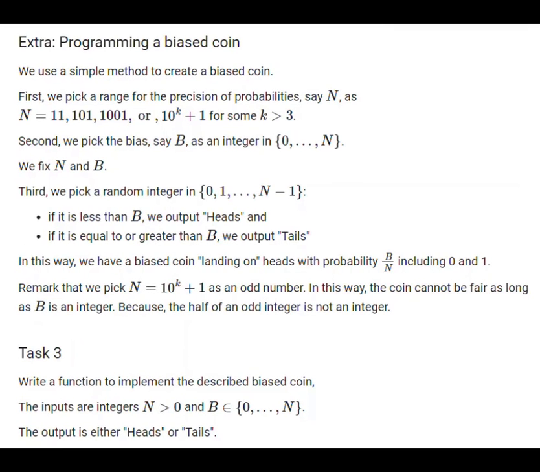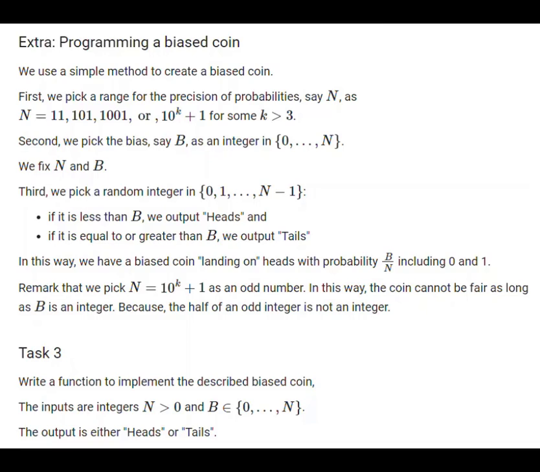Now let's program a biased coin using mathematical precision. First, we pick a range for the precision of probabilities, say n, as n equal 11, 101, 1001, or 10 to the power of k plus 1 for some k greater than 3. Next, we pick the bias, say b, as an integer in the range 0 to n.